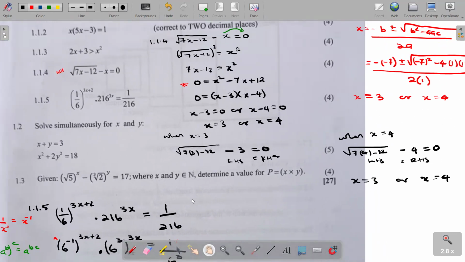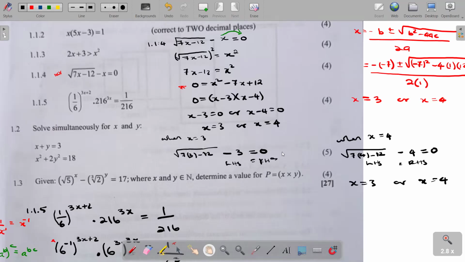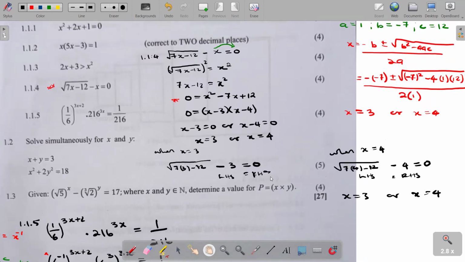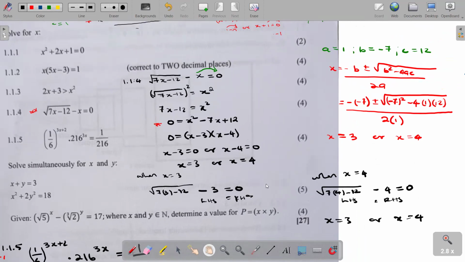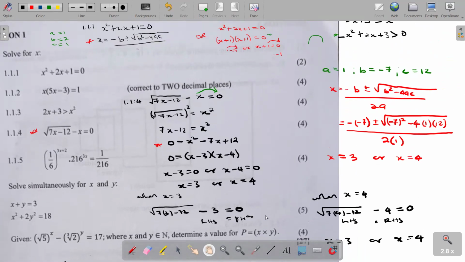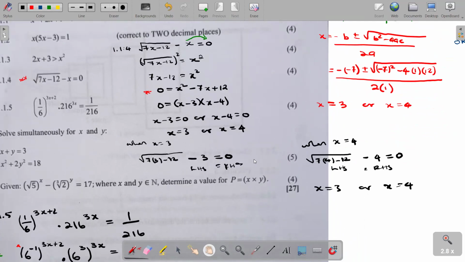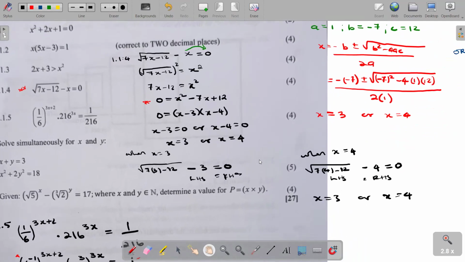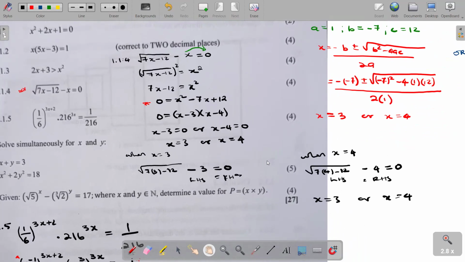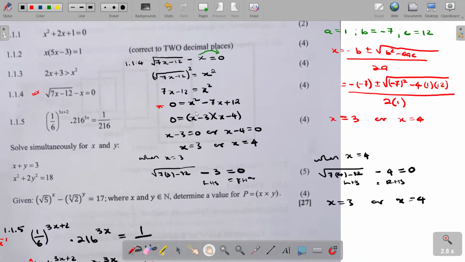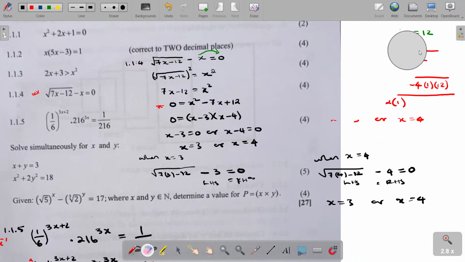Then we go to the next question, which is 1.2. Let's go to 1.2. So here we can take off this.